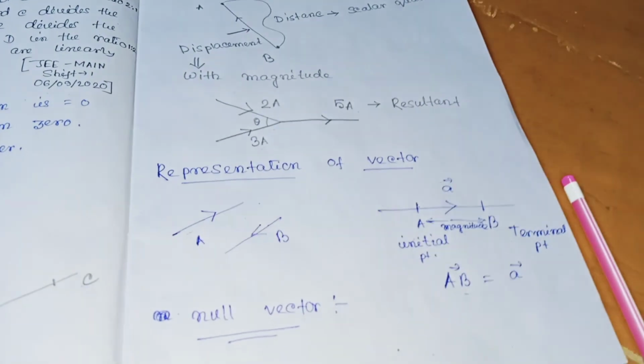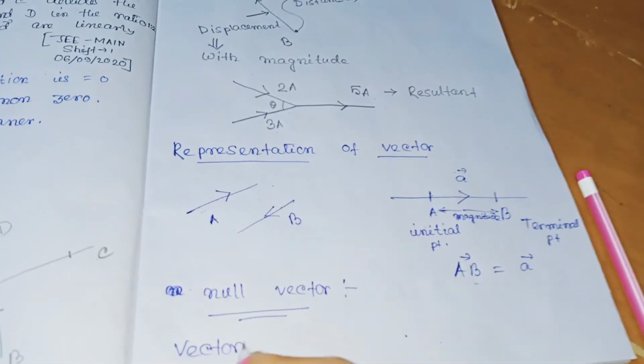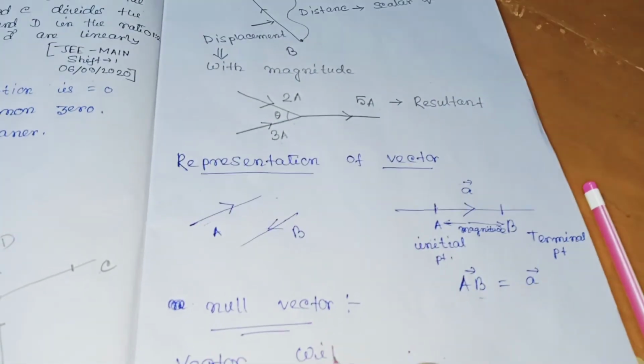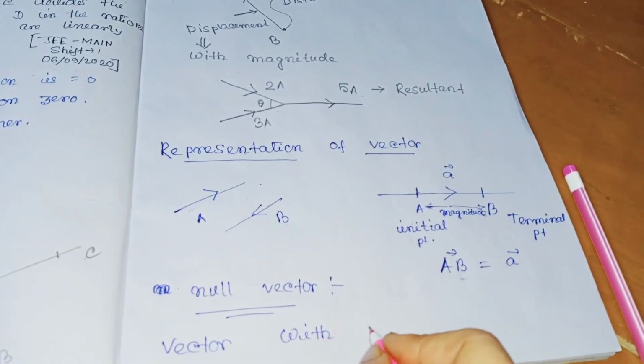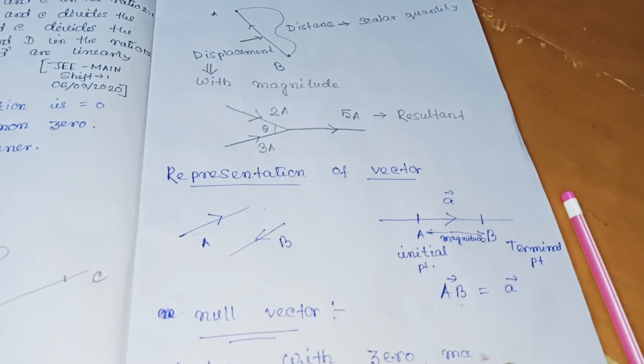So in a word, we may say a vector with zero magnitude.